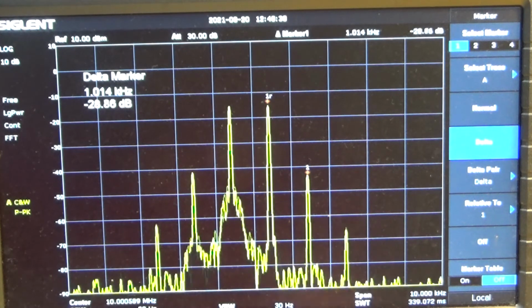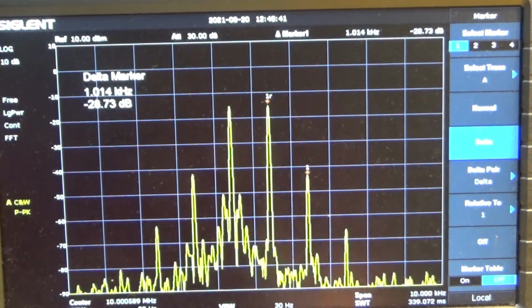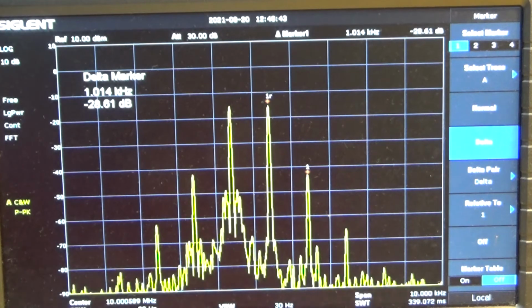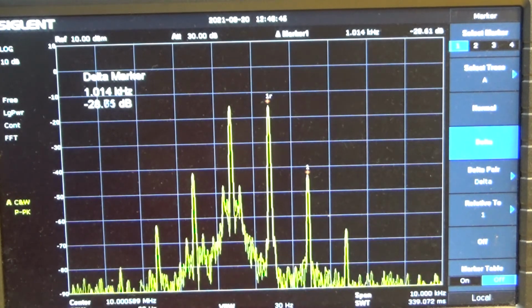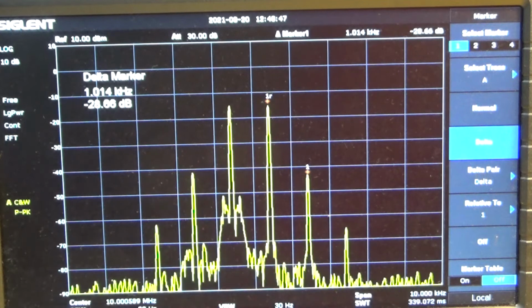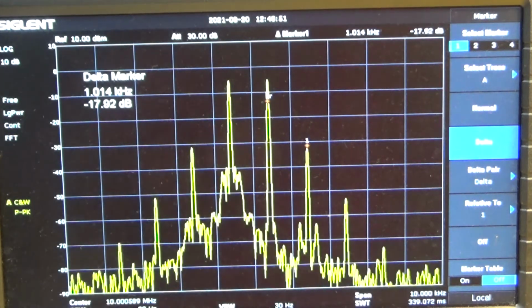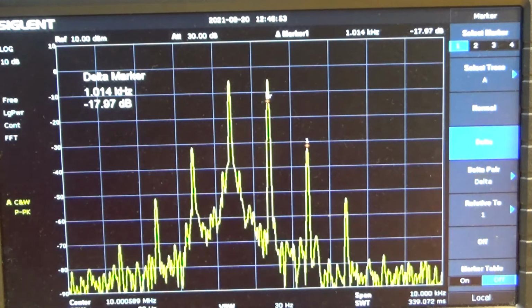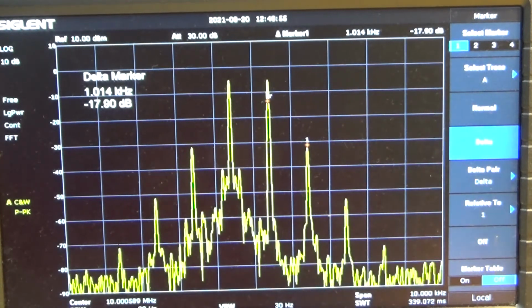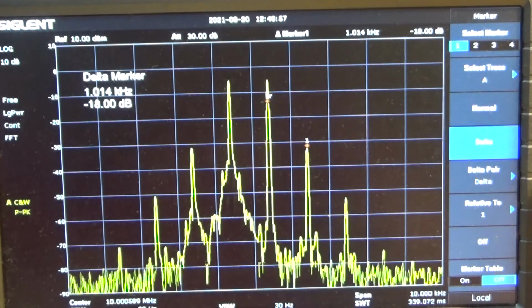So in other words, all these distortion products have increased considerably. I'll just take it up to about 50 milliamps. That's drawing 50 milliamps now, and the gain's gone up considerably. It's more like it used to be.